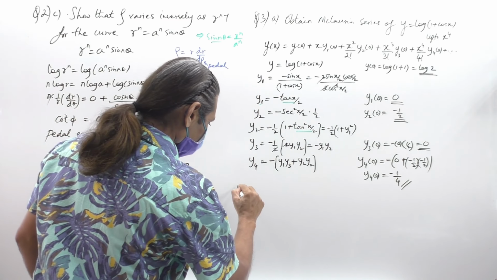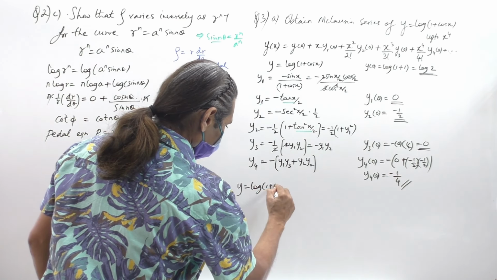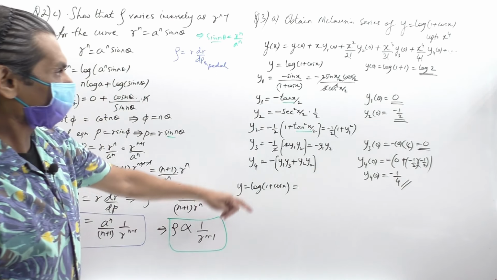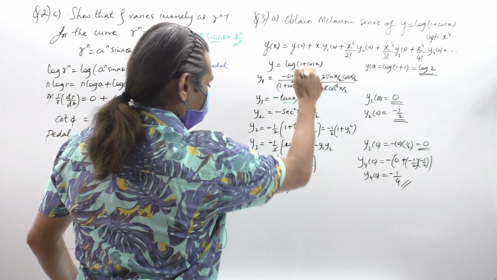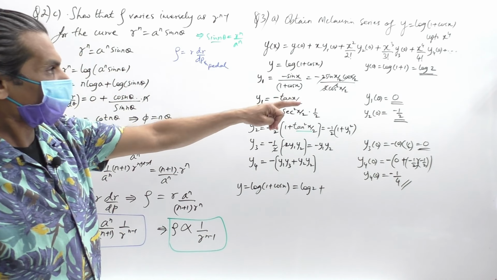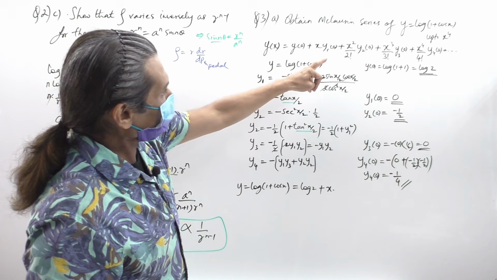Therefore, we can write y is equal to log of 1 plus cos x. In the series expansion it is written as y of 0, which is log 2, plus x into what is y1?